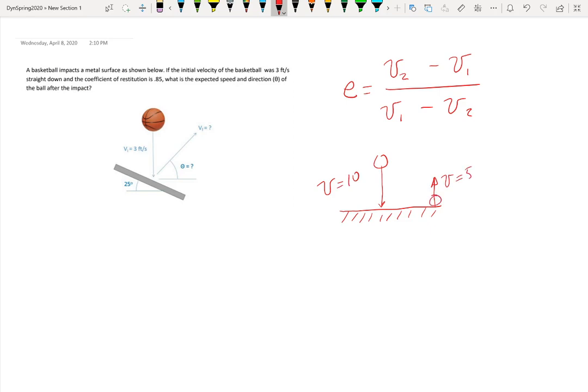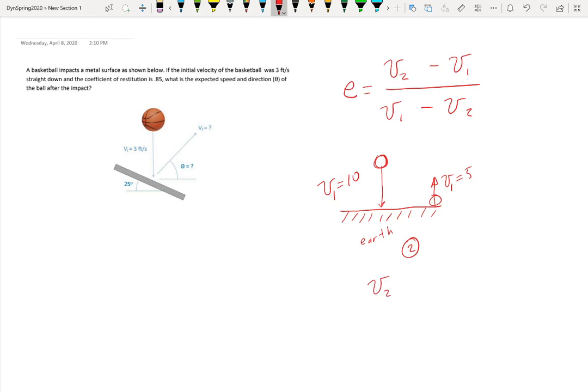There's the basketball coming off the ground. So it lost some energy in its impact. Let's solve this with the Earth. The basketball is so small compared to the Earth. We're going to label this as 1. We're going to label this as 2.